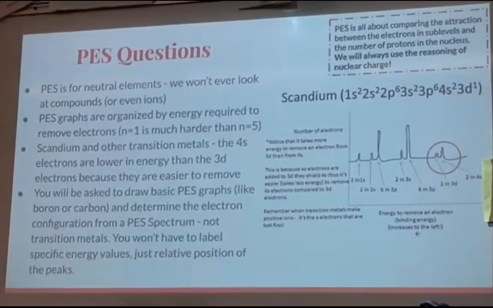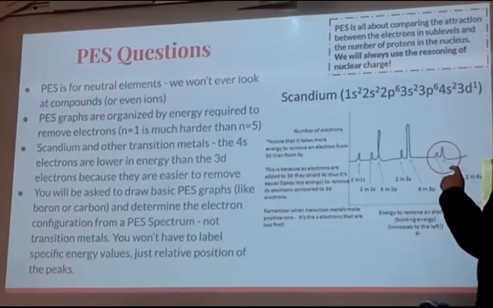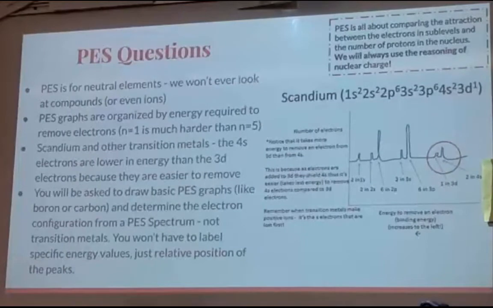So when we are looking at reasonings, any kind of reasoning for energy within PES, we should be looking at nuclear charge. So we should always be looking at how many protons are there in the nucleus. If there are more protons, it's a higher positive, so it's more attraction. If there are fewer protons, that's a lower attraction.